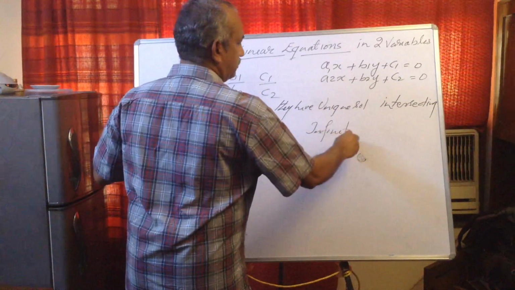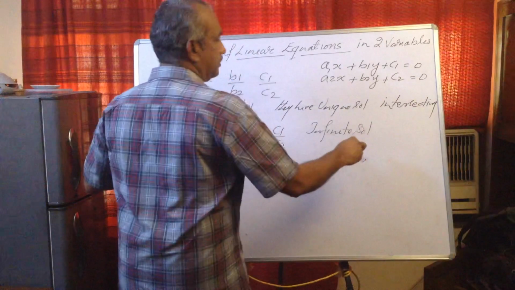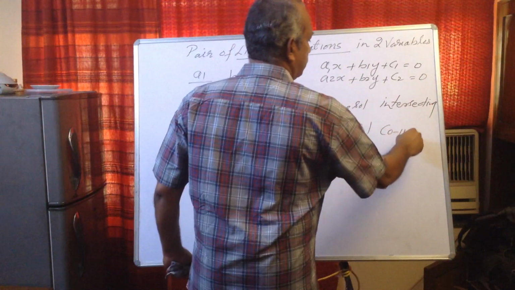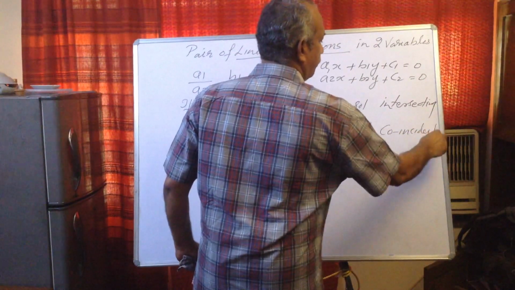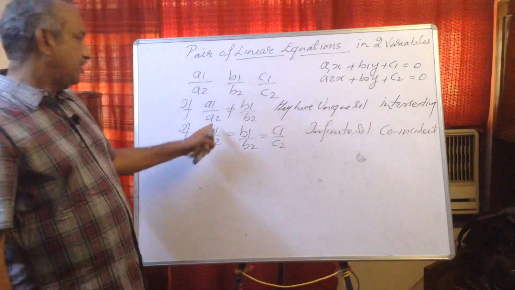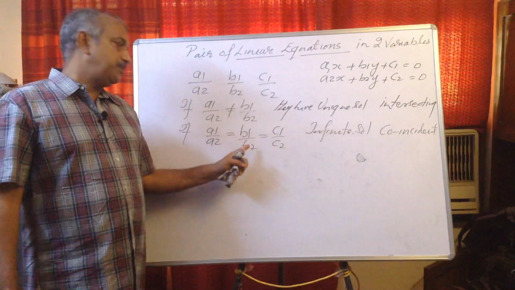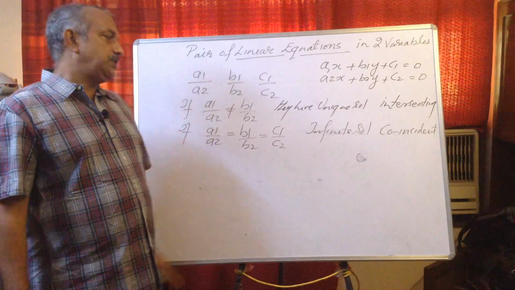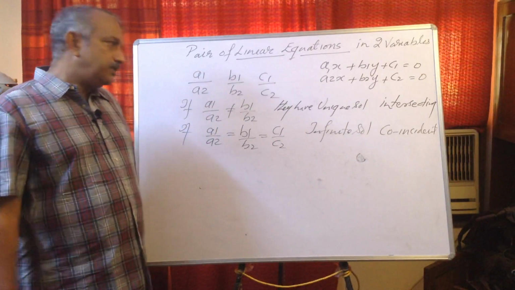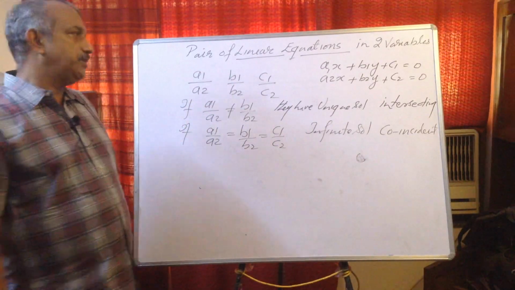This is the second case. If a1 upon a2 equals b1 upon b2 equals c1 upon c2, then infinite solutions will be there and the graphs will be coincident.